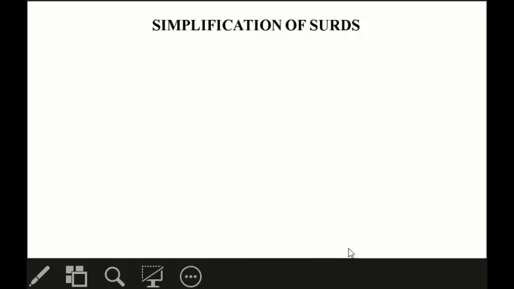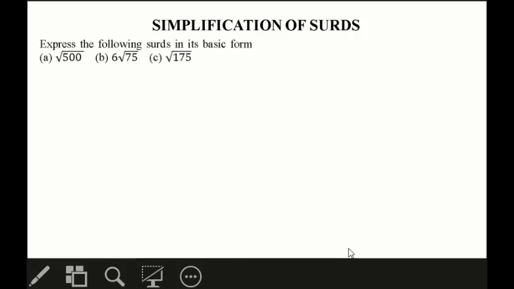Still under simplification of sets, express the following sets in their basic form. So, when given a question of this form, let me use the calculator to show you how you can do it in a simple way without stressing yourself.